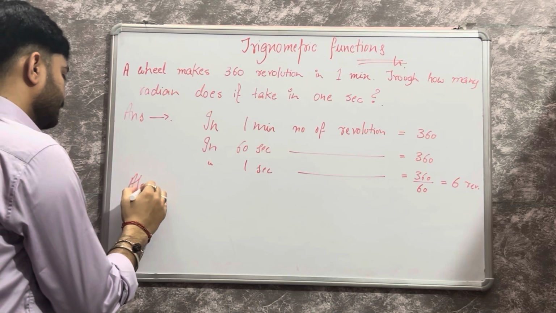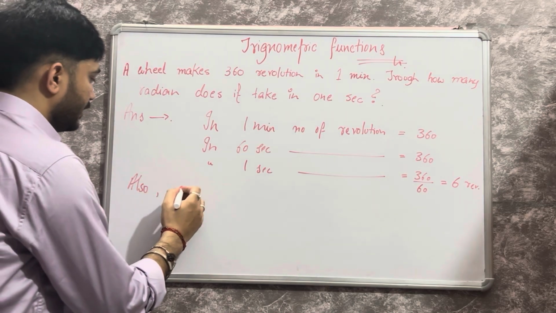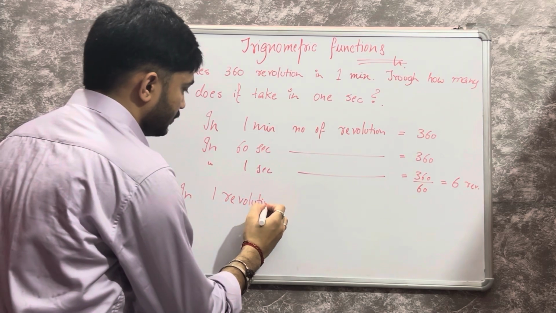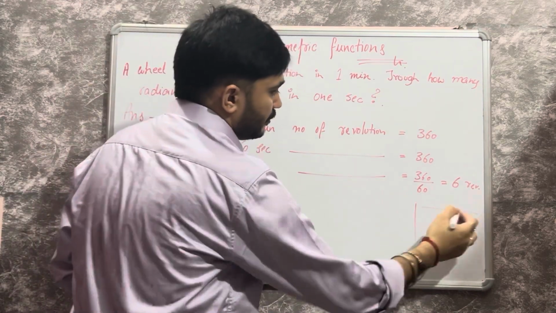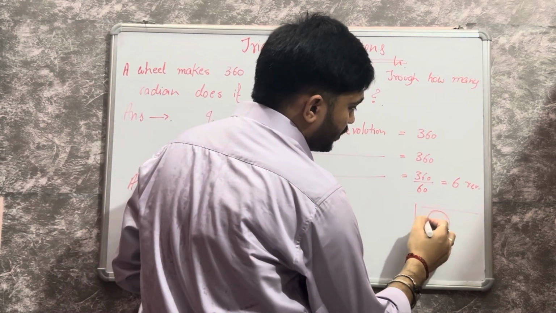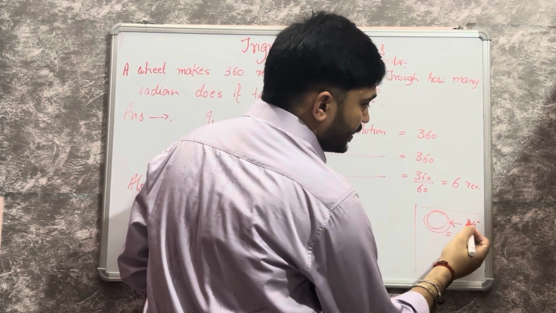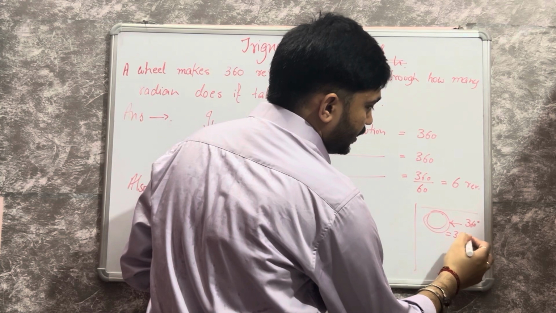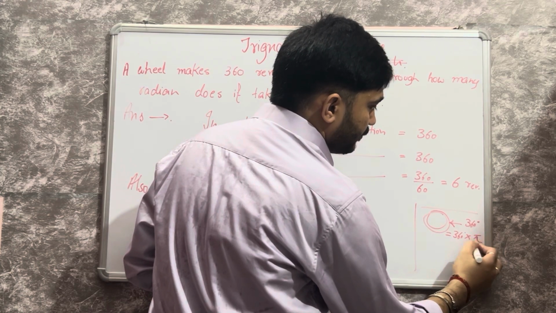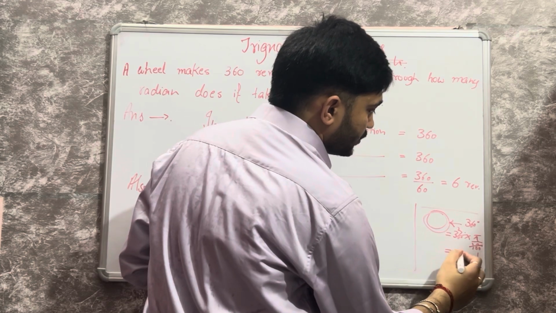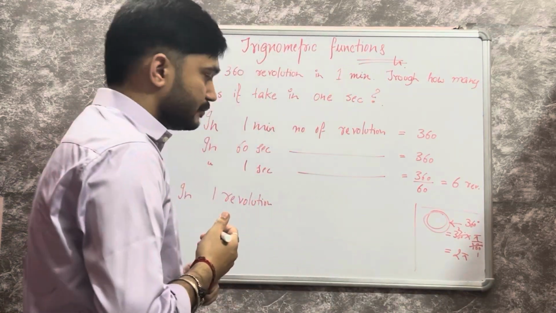Also we know that in 1 revolution, that is whenever a wheel moves one full revolution, it is 360 degree. If we want to convert 360 degree into radians, multiply by pi by 180, 180 cancels, so the answer will be 2 pi.